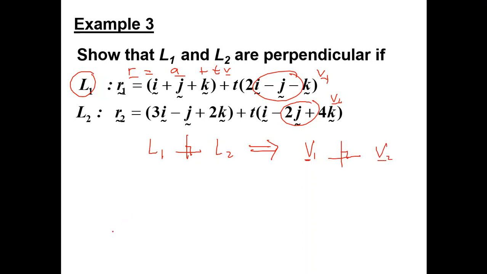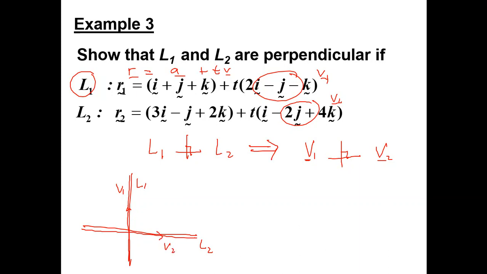Why? Because for L1, you have a vector which is parallel to L1. We call it V1. V1 may lie on the line L1 or outside the line but parallel. Similarly, V2 is parallel to L2.